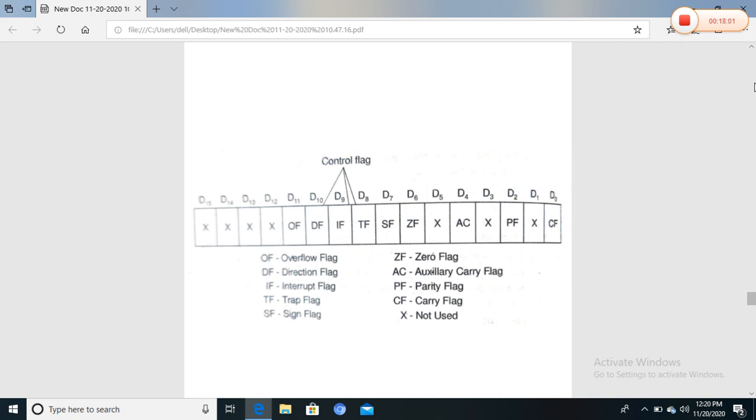If the result obtained is within the limit, 8-bit or 16-bit, then OF is 0. This is the flag register in the EU.